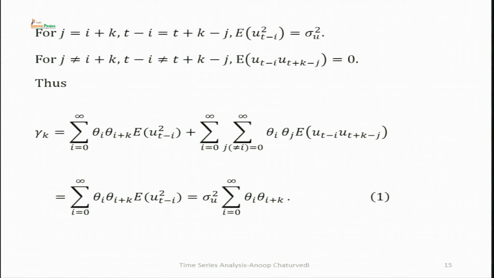And this term has expectation sigma squared u. So, ultimately you find gamma k equal to sigma squared u summation i equal to 0 to infinity theta_i theta_{i+k}.